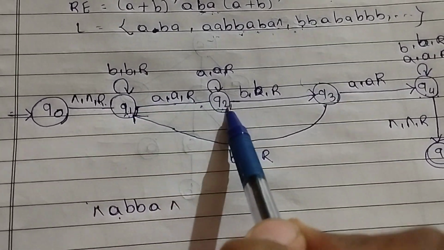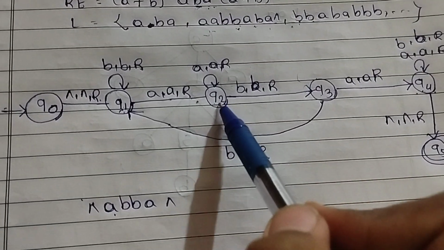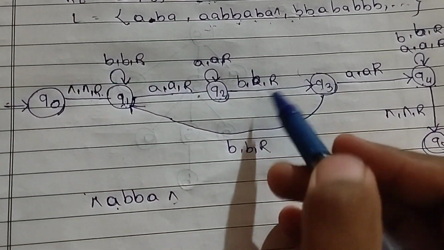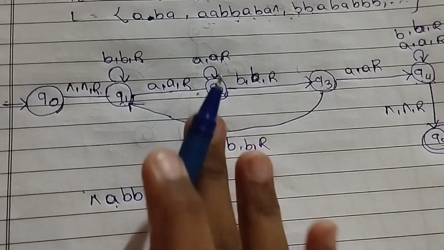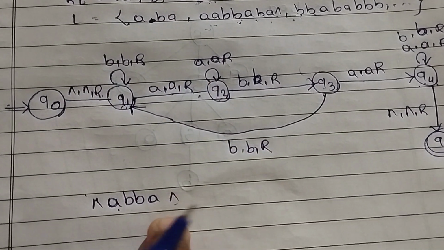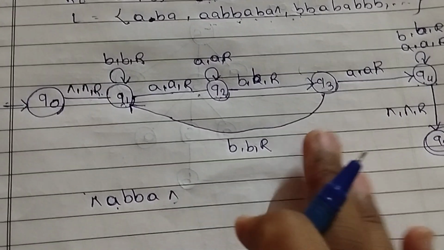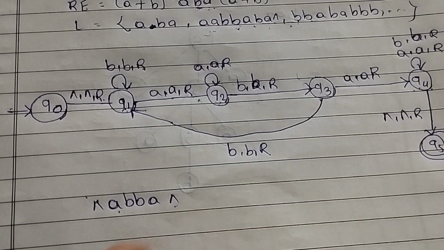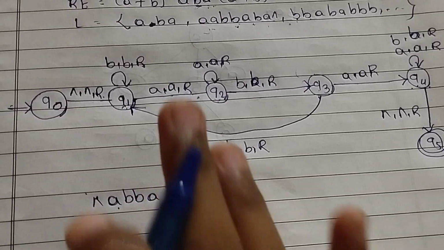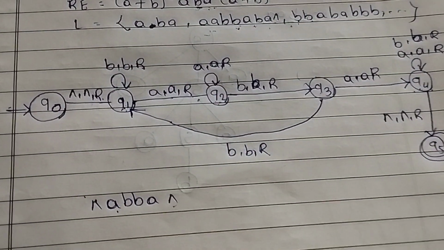Then we read A, we are in the Q2 state. Then we read null, but here a null transition is not present, which means we drew the correct Turing machine. This Turing machine does not accept the wrong string, it only accepts the correct string. So in this way we draw the Turing machine for the substring ABA.